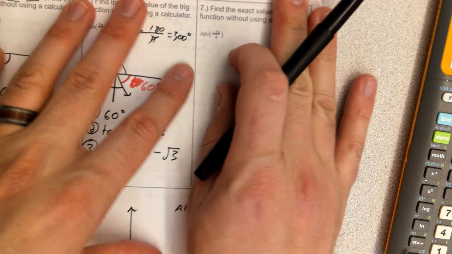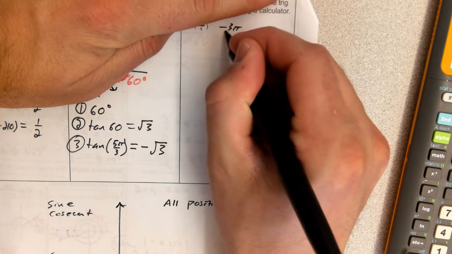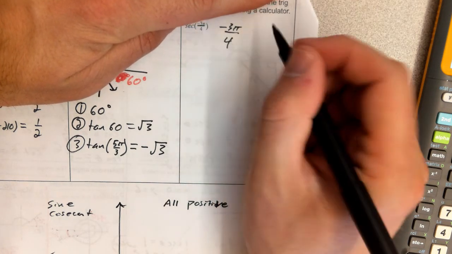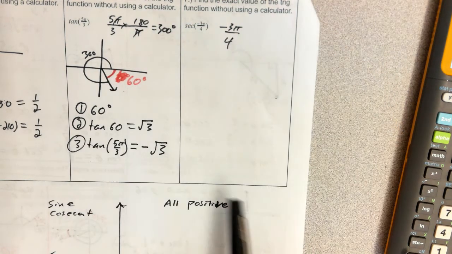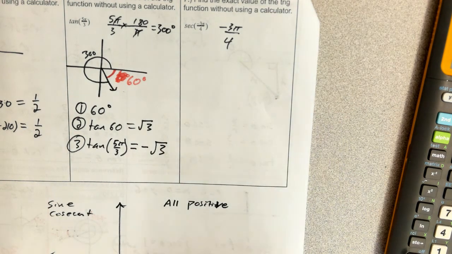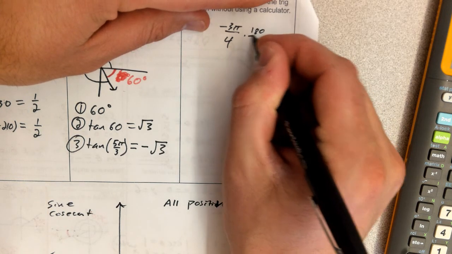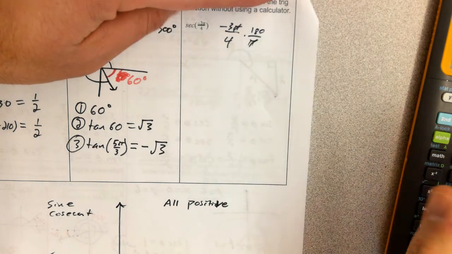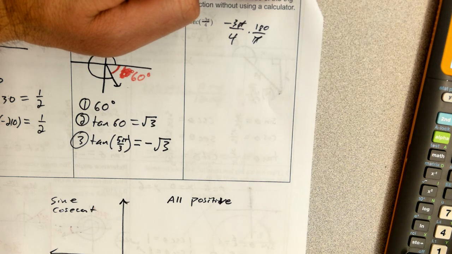All right, last one. Secant of negative 3 pi over 4. Again, start off by converting it to degrees, so I times it by 180 over pi. 3 times 180 divided by 4 is equal to 135.